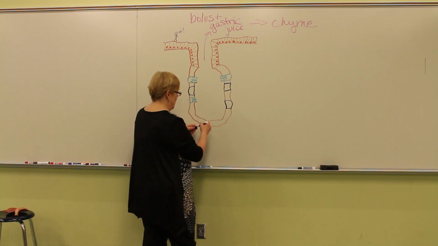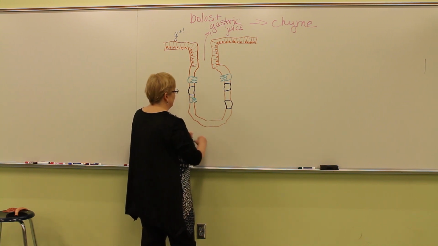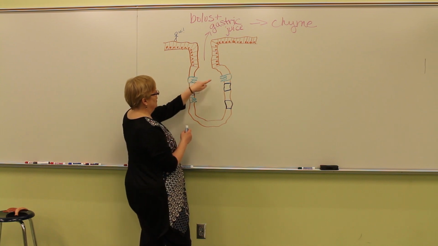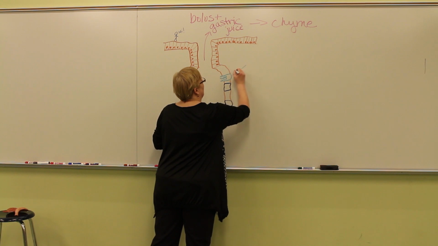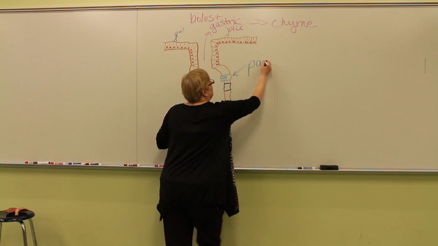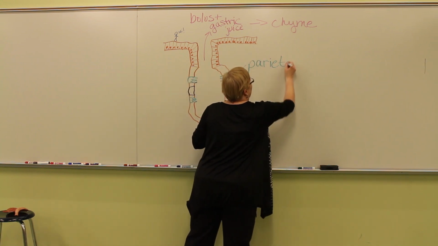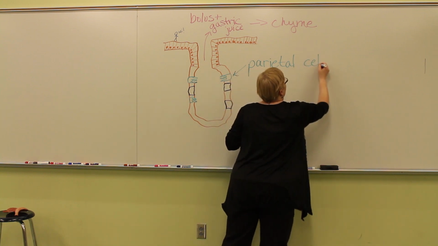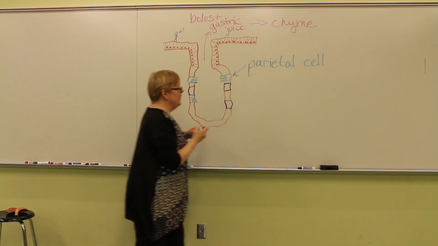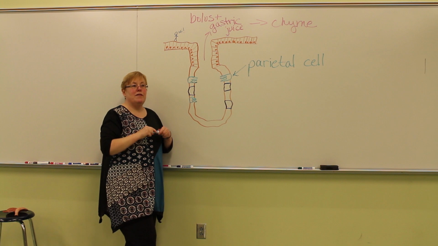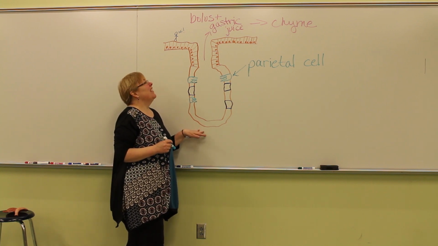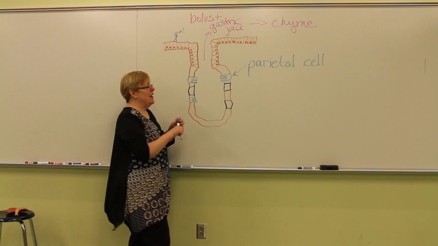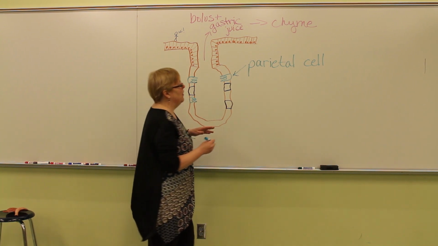The first one that we're going to talk about is the cells here that look like they have more surface area, and these are parietal cells. The parietal cells produce all of the non-enzymatic components of the gastric juice, non-enzymatic and non-hormonal.